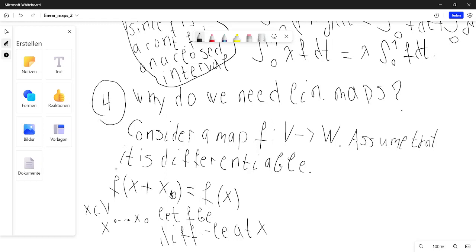Then if f is now differentiable at x, that actually means in the grown-ups' math that there is a linear map L that allows the representation of f being approximately equal to this kind of generalization of a line.